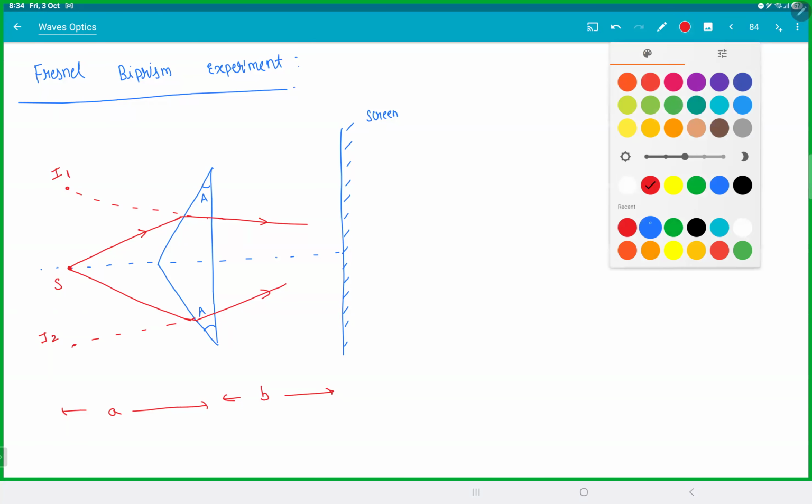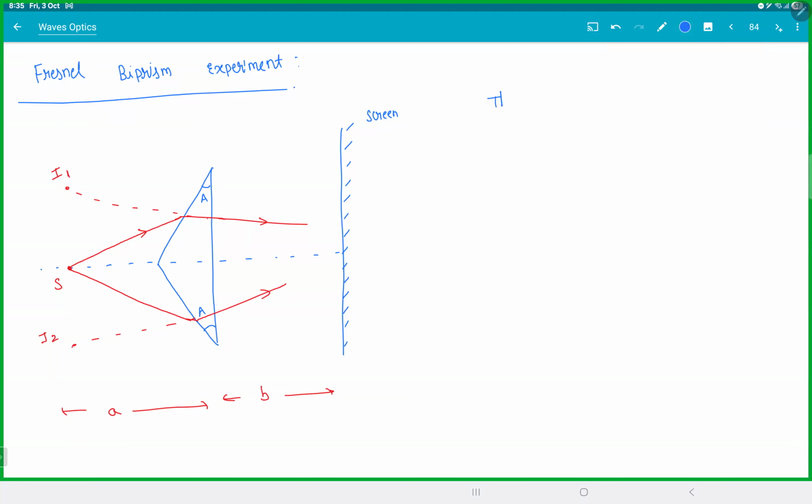So here it's a thin prism. If you remember, we did this in ray optics. Thin prisms are where the angle is less than 5 degrees. So the deviation delta is given by A into mu minus 1. So listen to the derivation. There are certain approximations they have taken.